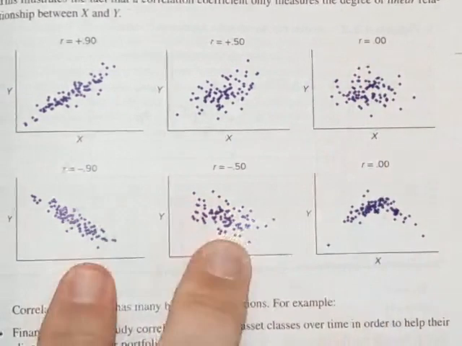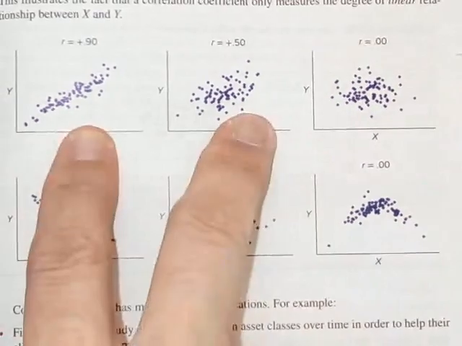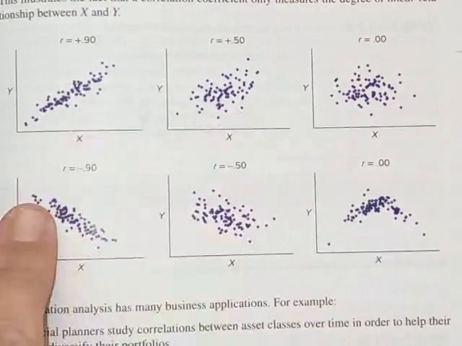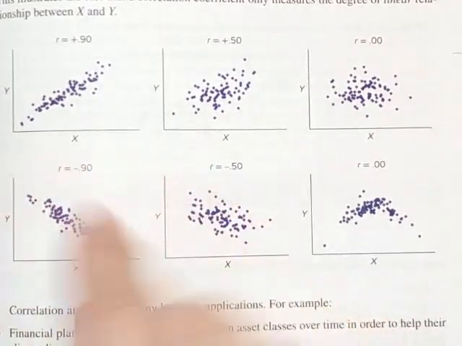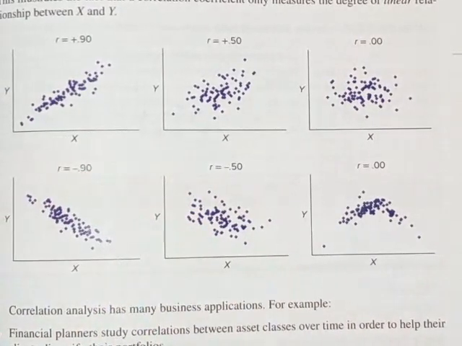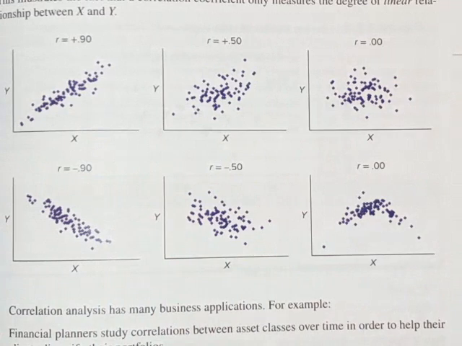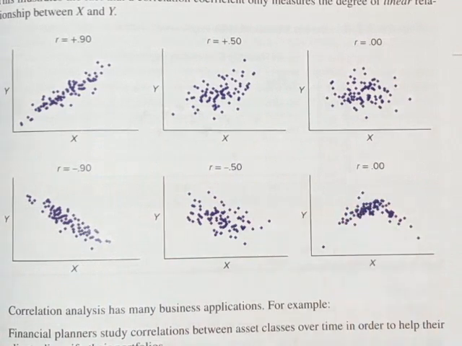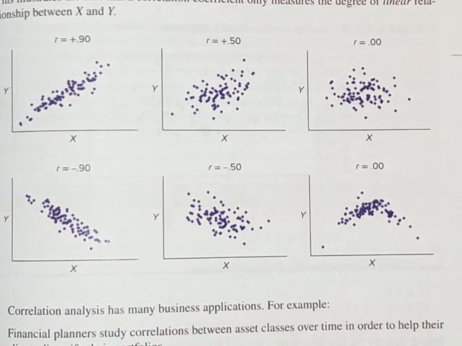These two are the mirror images of these. A correlation that is negative and fairly tightly grouped, negative 0.9, negative 0.5. But it's this last picture that says it's got a correlation coefficient of 0. But it looks like that data is related.